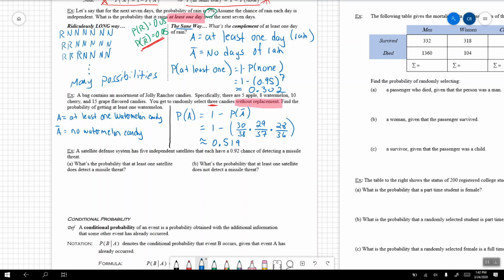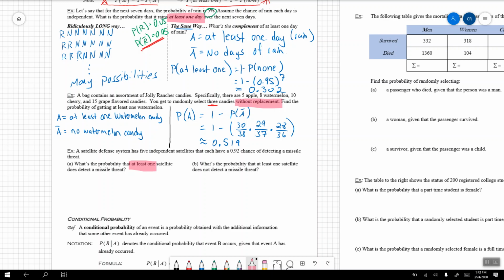So the next example says that a satellite defense system has 5 independent satellites that each have a 0.92 chance of detecting a missile threat. Part A, what is the probability that at least one satellite does detect a missile threat? All right, so in here again, that key verbiage that I'm looking for, at least one.